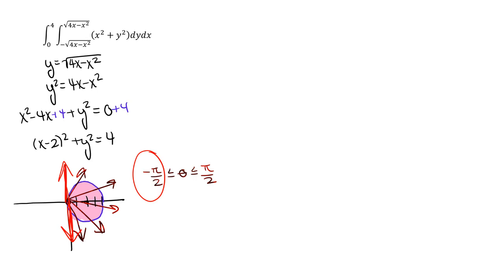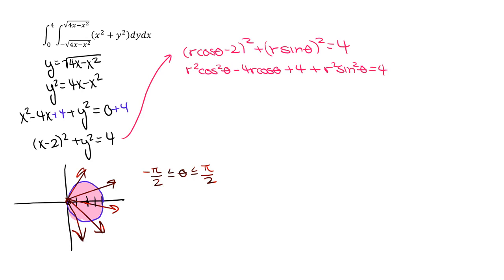We always work in radians in our integrals. And then the r values start at 0, touching the origin, and they always stop at the edge of this circle. So basically, I have to take this circle right here and convert that into polar coordinates.